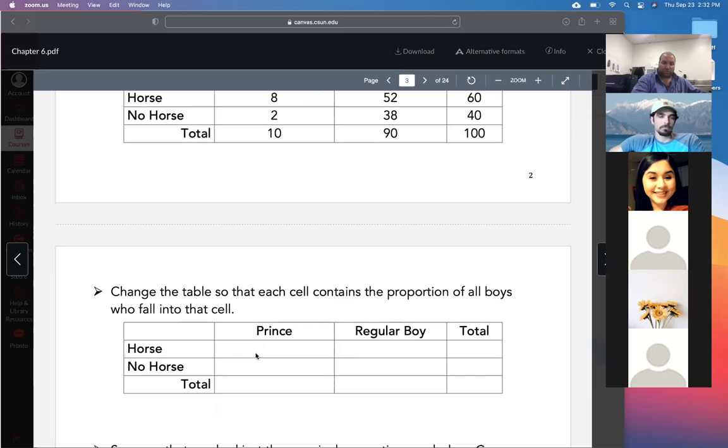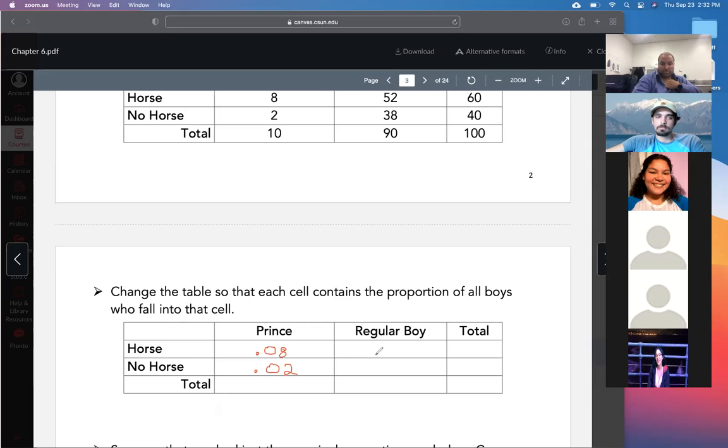And directly beneath it? 0.02. To the right of 0.08? 0.52. And directly beneath it? 0.38.